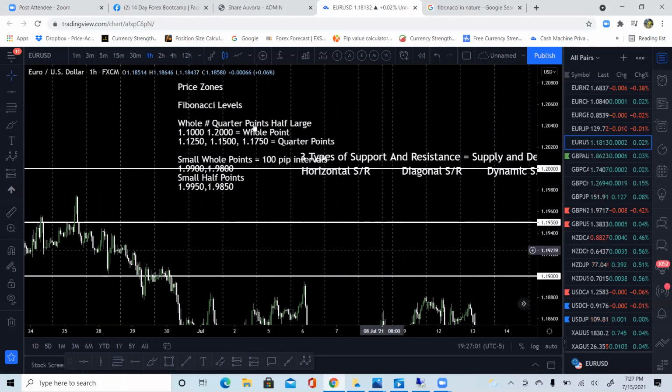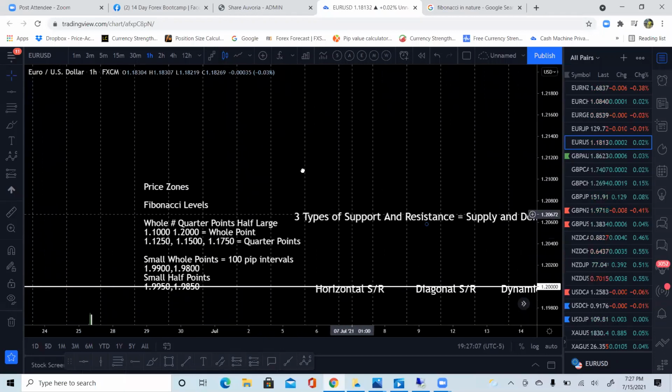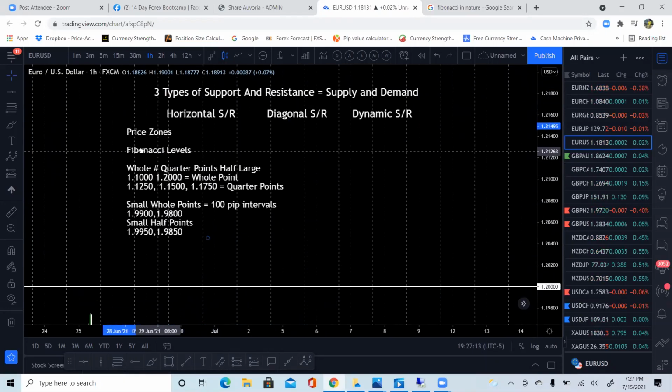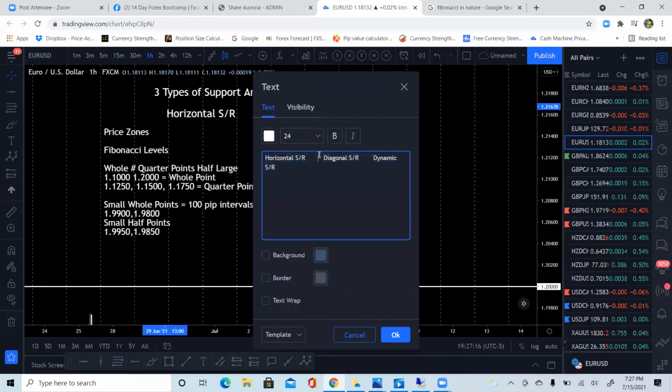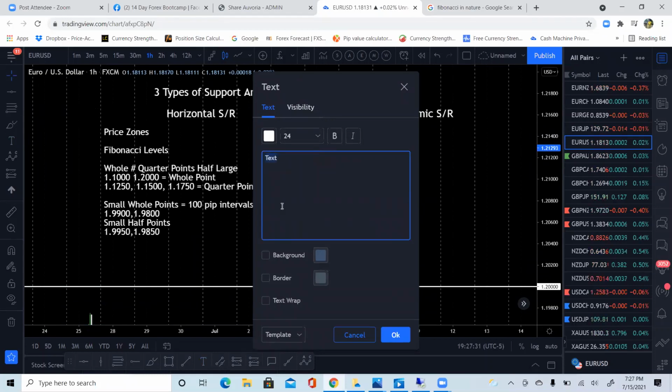So the next one we have is your diagonal support resistance. So let's move this up. So your diagonal support resistance would include your trend lines, your pitchforks, and your price channels.